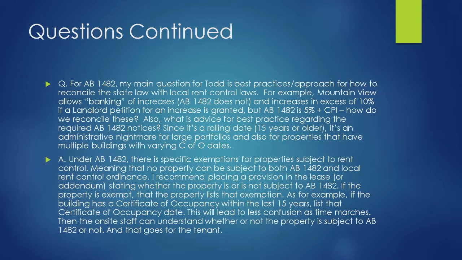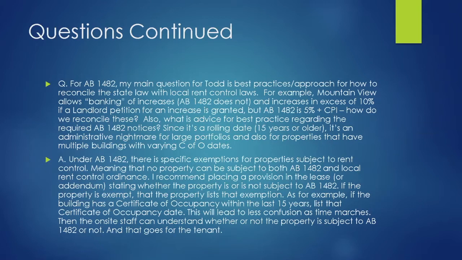How do we reconcile these? Also, what advice is the best practices regarding required AB 1482 notices? Since it's a rolling date, 15 years or older, it's an administrative nightmare for large portfolios, and also for properties that have multiple buildings and varying certificate of occupancy dates.